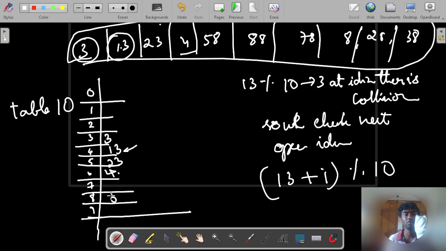So 58 can go here, 88 goes here, next open index, 78 goes to here. The way that 88 comes to here is, 88 should have been here, so it would be increased by plus 1, which is 89. 89 is open, so 89 can be considered here.